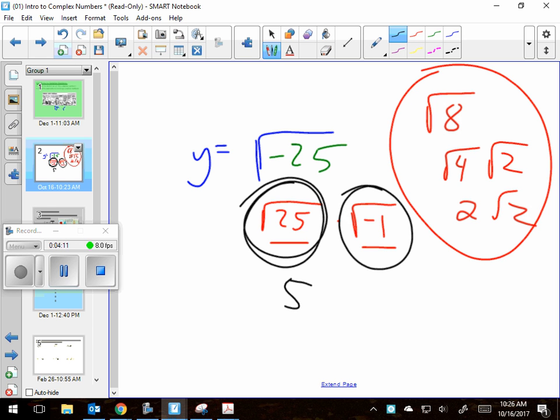Notice I'm not saying plus and minus 5, it's just 5. And what's this again? I just said it. So the answer is 5i. If that blows your mind too much, then just go back to, the answer for this is 5, and that makes it imaginary, so it's 5i. Yes?